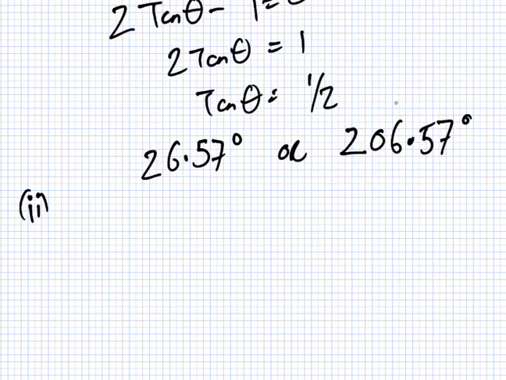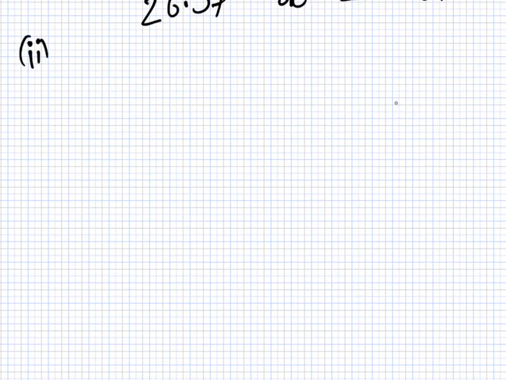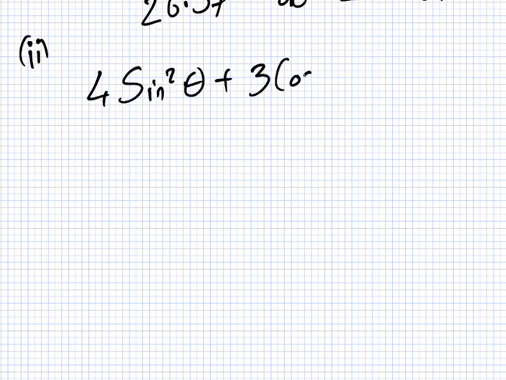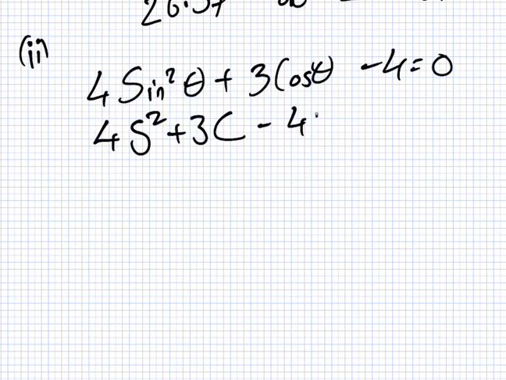Okay, so part 2 is the much longer equation. 4 sine squared theta plus 3 cos theta minus 4 equals 0. To save space, I'll just write this as 4 sine squared plus 3 cos minus 4 equals 0.